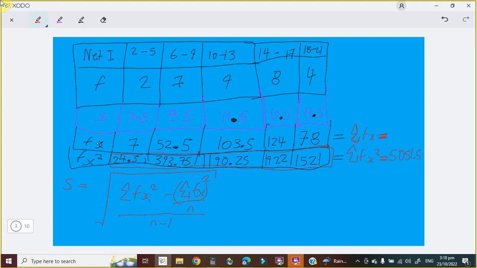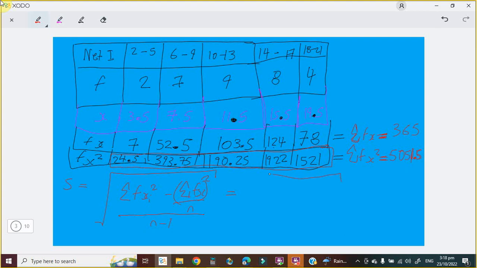Now work out the sum of fx. How much is this? 365. Good.